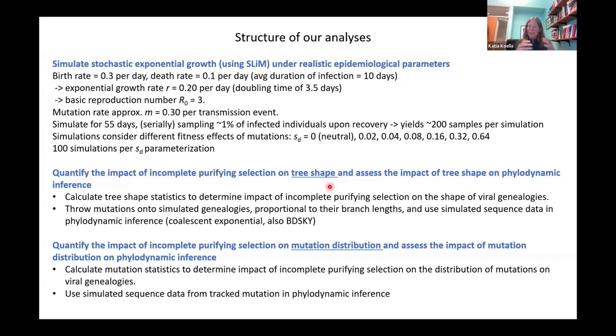So we didn't use the mutations that actually occurred, so we could just look at tree shape. Then we also used the mutations that actually occurred in the simulation, so we could ask about phylogenetic inference and whether it would be impacted by that change in mutation distribution.